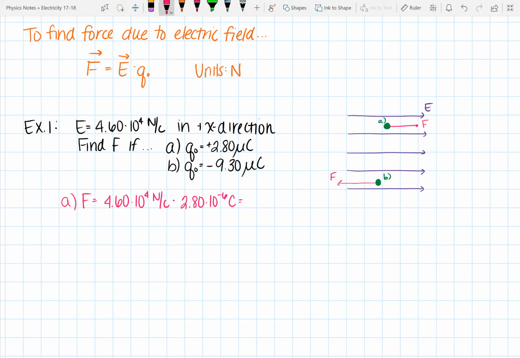That is going to give me 0.129 newtons. And we know it's going to be in the plus x direction.